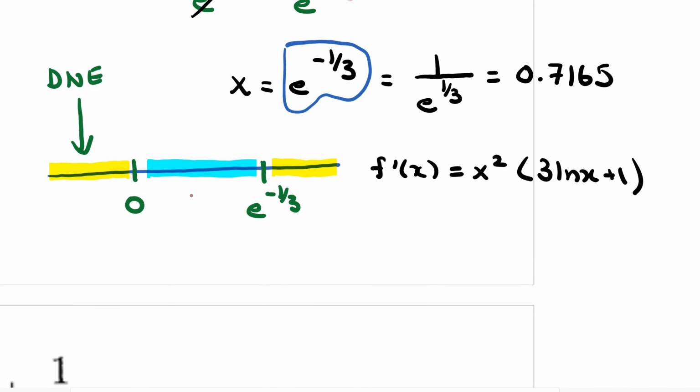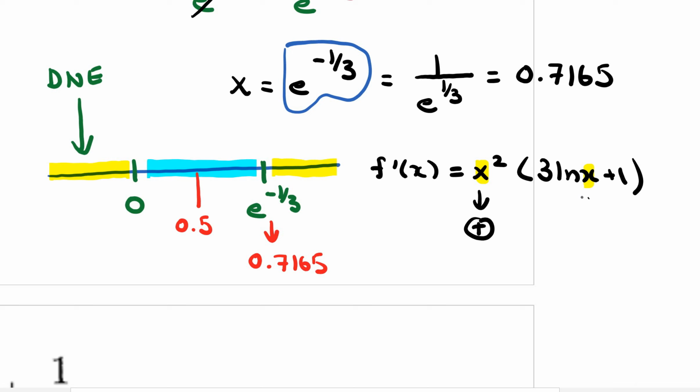Okay, that's fine. Let's go ahead and pick a number in this blue region here. Maybe 0.5. All right, 0.5 is a good number in that region, because we've figured out on a calculator that e to the power negative 1/3 is 0.7165. If I plug 0.5 into the x values here, that's not too bad; this will be a positive number.